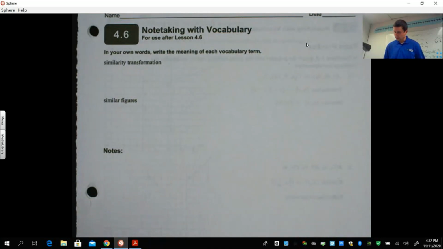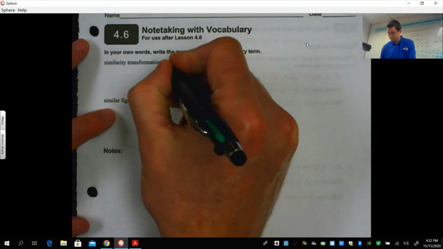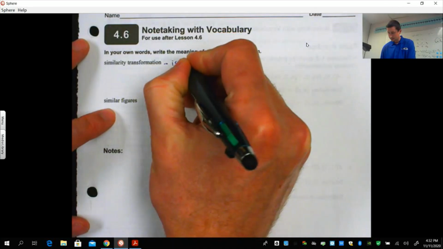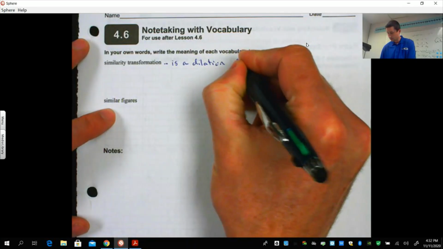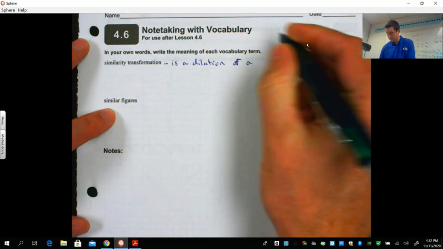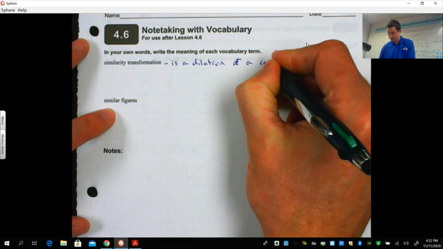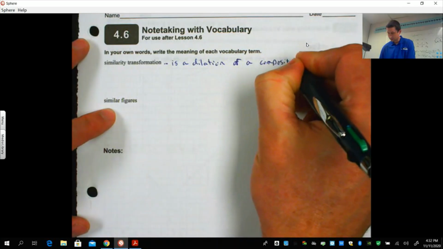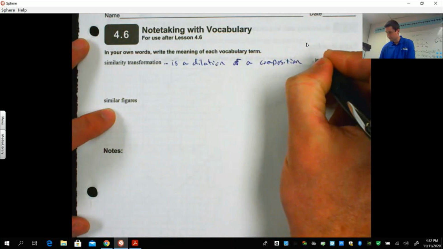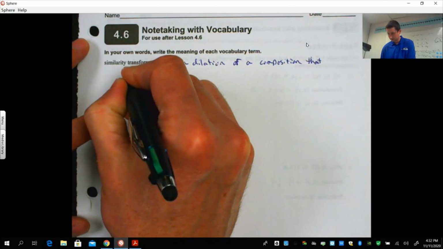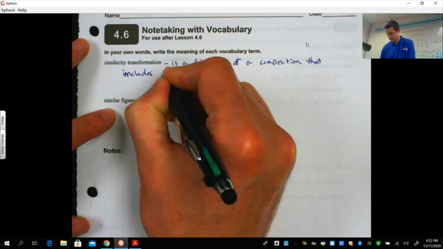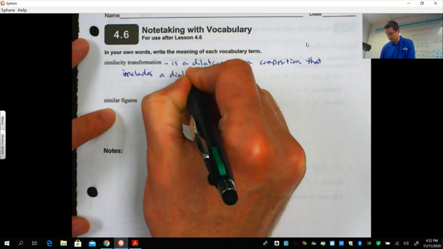So a similarity transformation, that has to be a dilation or a composition that includes a dilation.